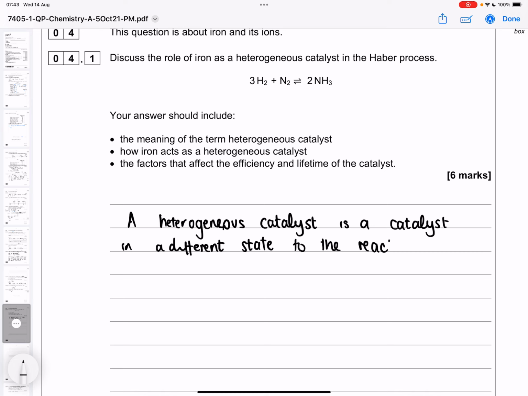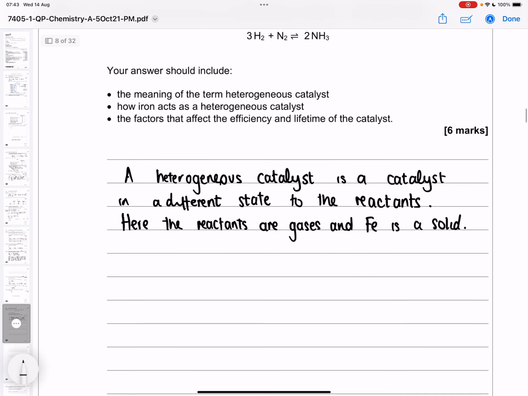So in this process, the reactants are gases and iron is a solid. So that's what heterogeneous means.